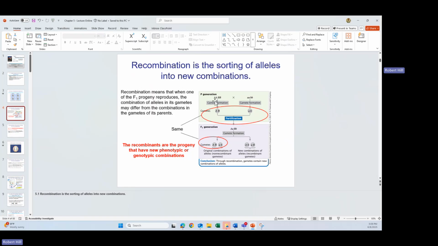The gametes that it produces, you can only have big A and big B, or little a and little b. And during fertilization, now look what has happened. We have a heterozygote. This is just review. You guys already know that the heterozygote is a recombinant, because it's new. That's all. This is an important term as we move forward in this chapter.